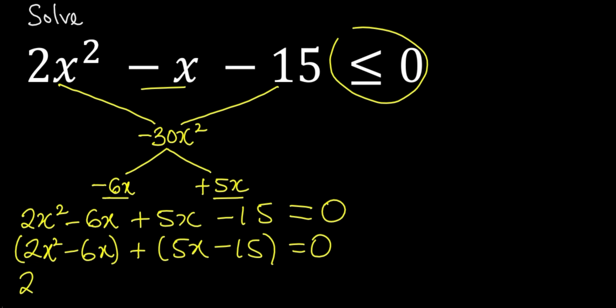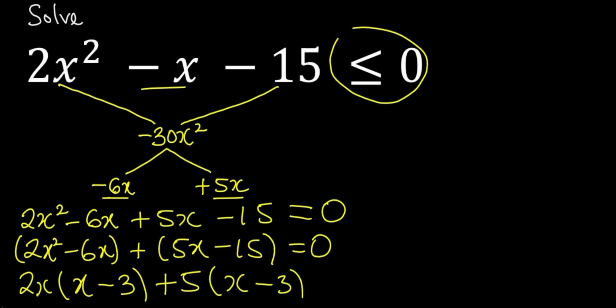What is common in the first group is 2x, so it remains x minus 3, plus what is common in the second group, which is 5. It also remains x minus 3, equals 0.